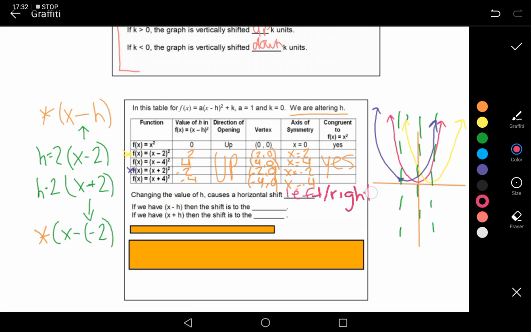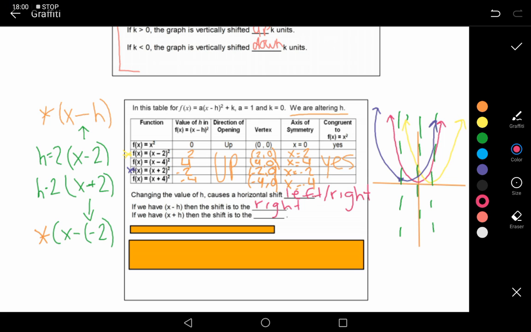So if we have x minus h in our equation, then the shift is going to be to the right. And the reason for that is because that number is actually positive. You can see that that's represented by our yellow graph here. We shifted to the right because our h value was positive 2.